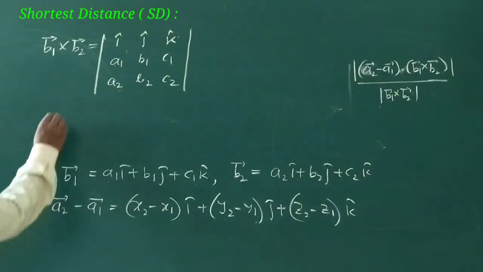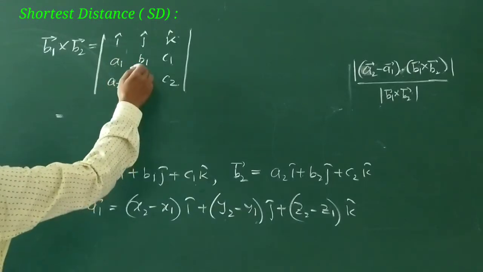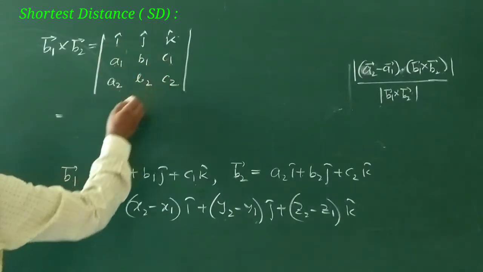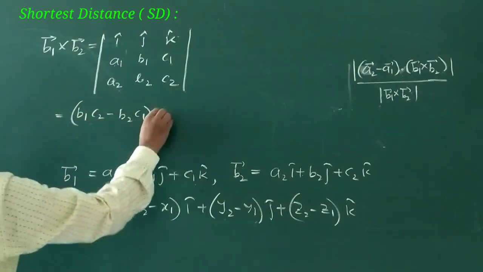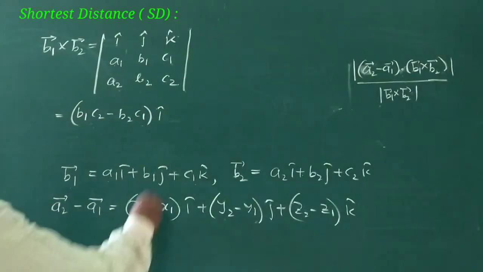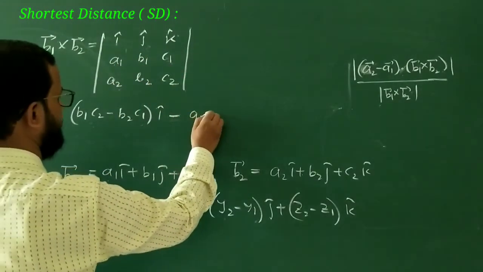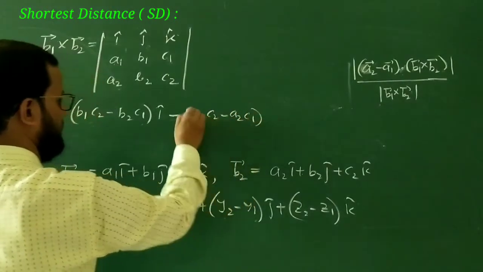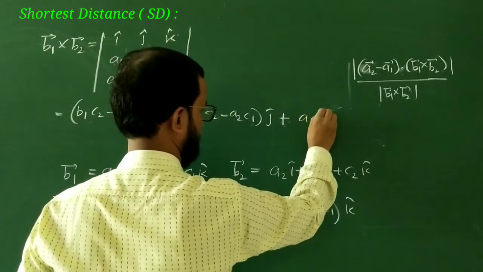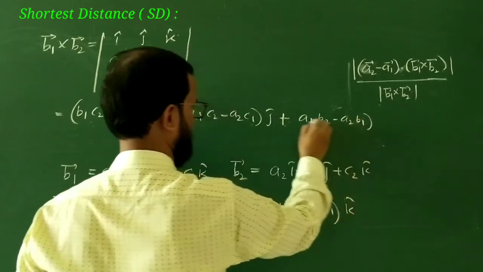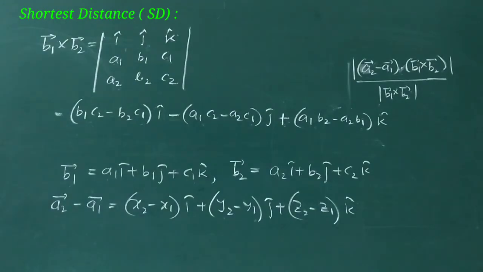If you expand it, you will get i cap into (b1 c2 minus b2 c1), minus j cap into (a1 c2 minus a2 c1), and finally k cap into (a1 b2 minus a2 b1). This is your b1 cross b2.